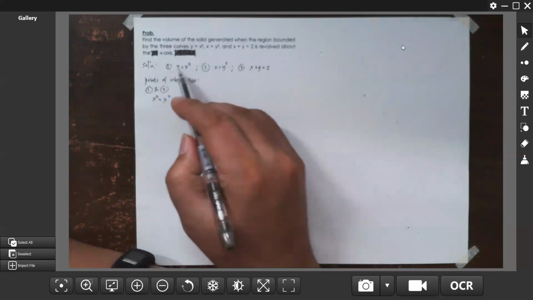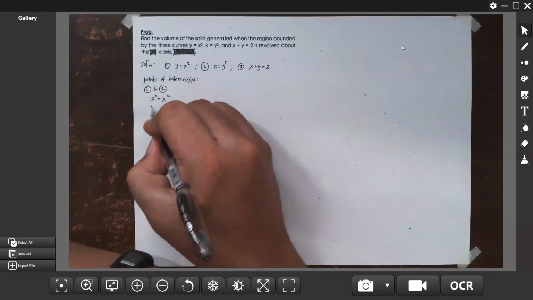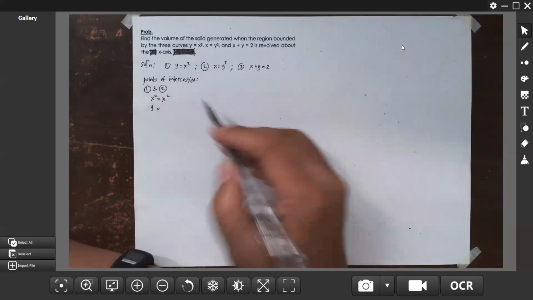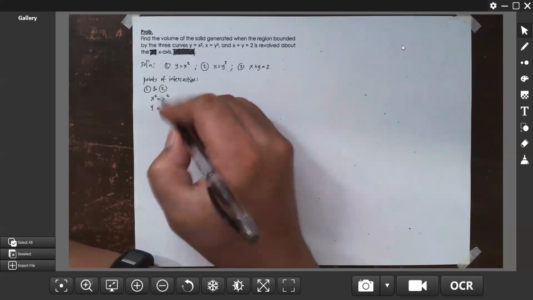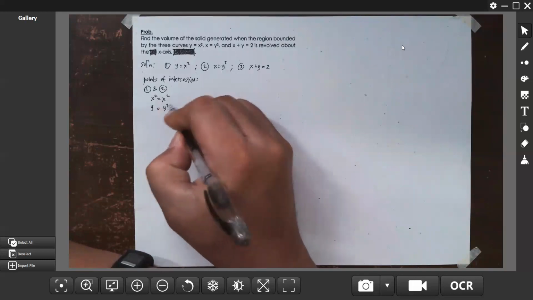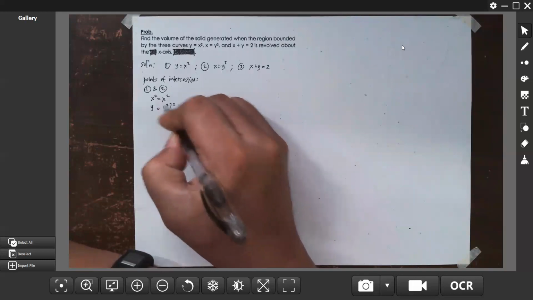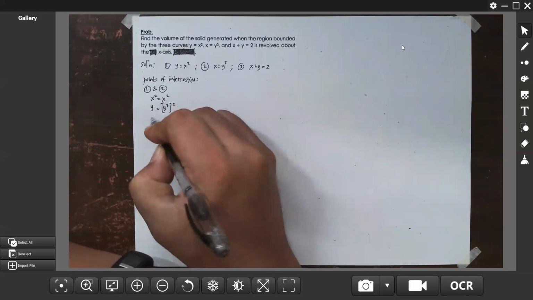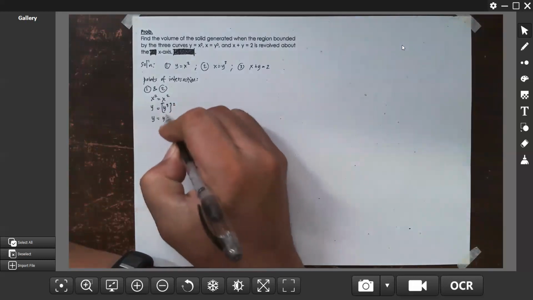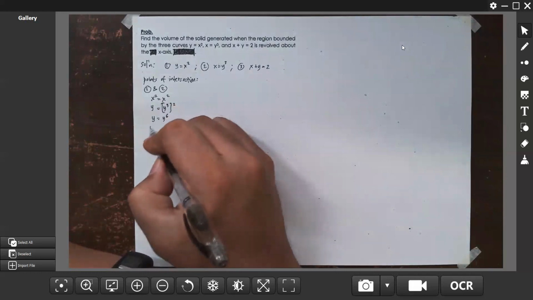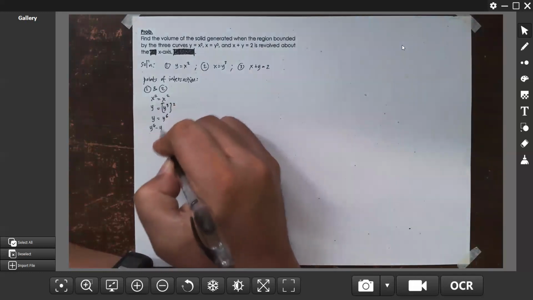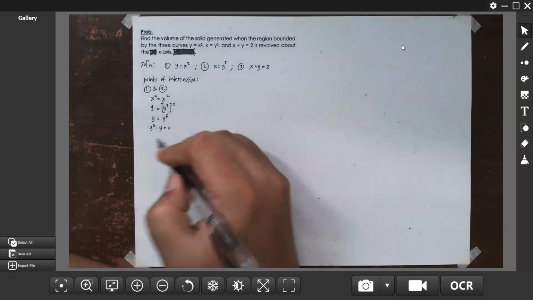For curve 1, x squared is simply y. And for curve 2, our x is y cubed, so squaring, we have y equal to y raised to 6. I transpose: y raised to 6 minus y equal to 0.